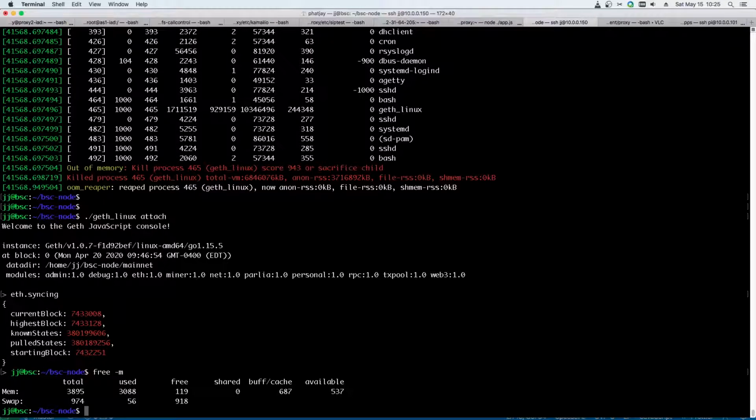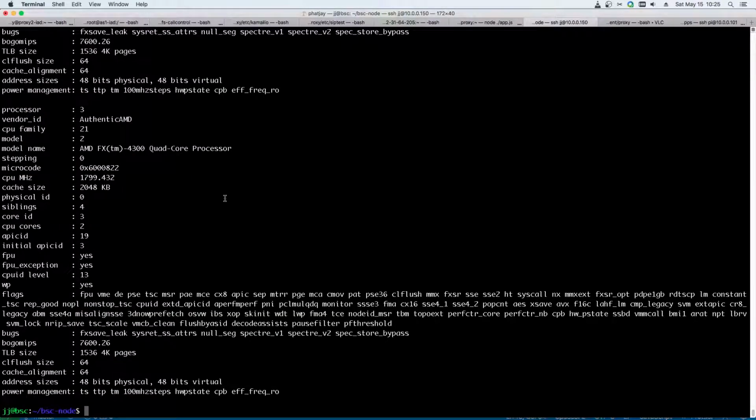So on a screen you can't see over here, I just ordered an 8 gig upgrade. So 8 plus 4 should be enough, I'm hoping, because this is a somewhat older system.